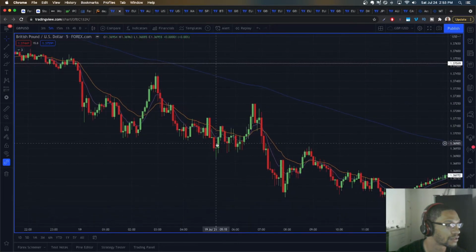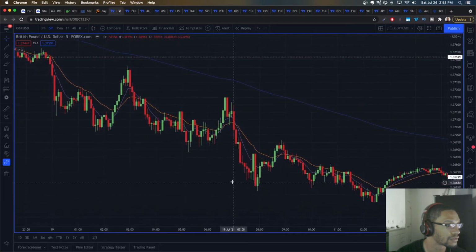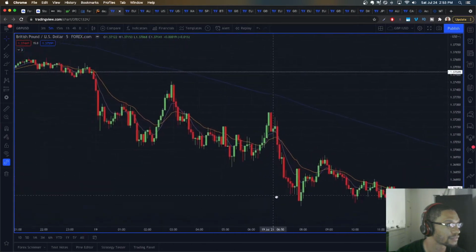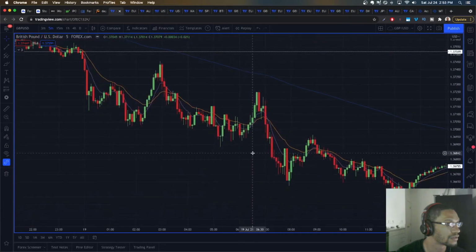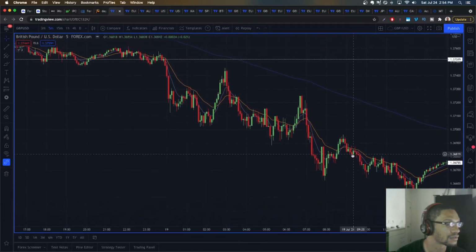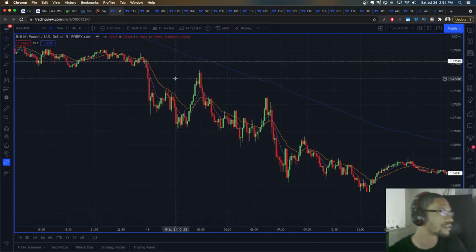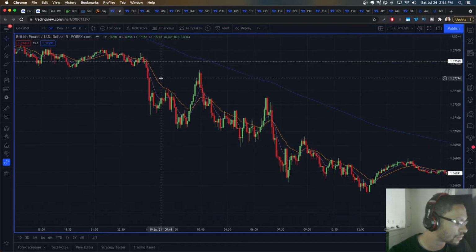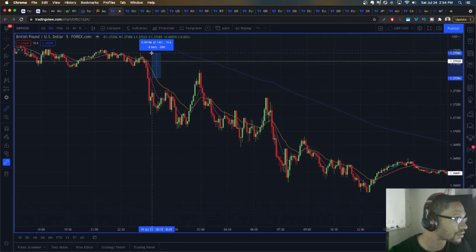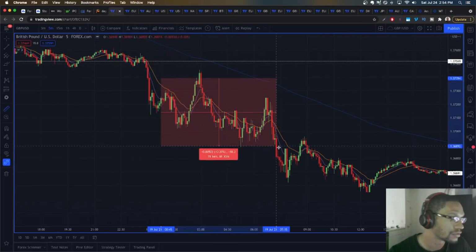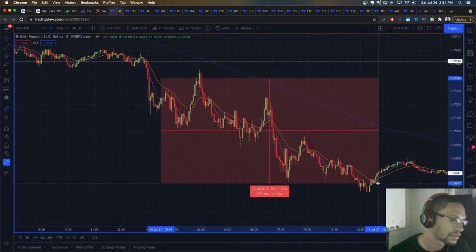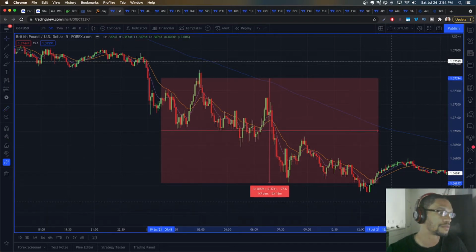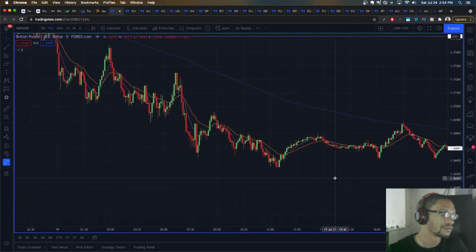This little breakout here would have failed. If you stayed in this trade from here, say you got it right here on the consolidation breakout, you would have gotten 77 pips. So really good trade there.